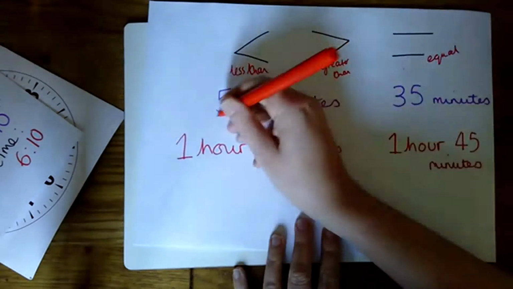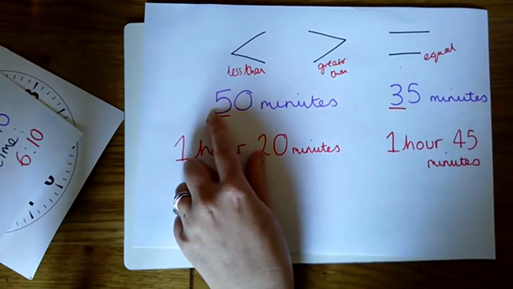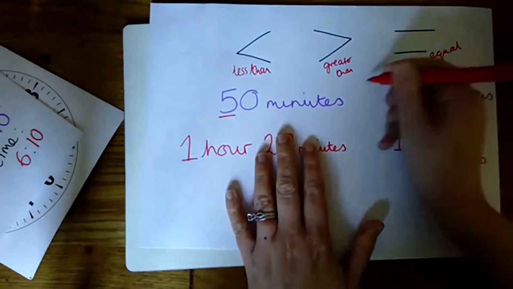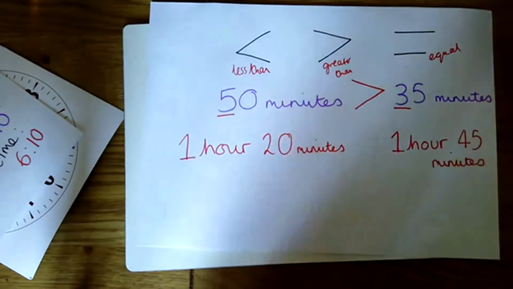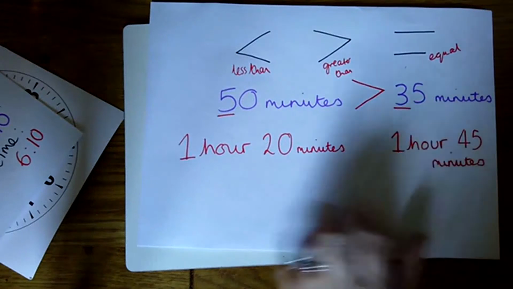We look at that place value again. Is 5 a larger number? 5 tens, is that larger than 3 tens? It is indeed. So our Hungry Crocodile is going to rather eat 50 minutes than 35 minutes.